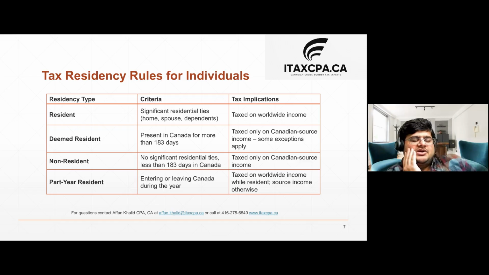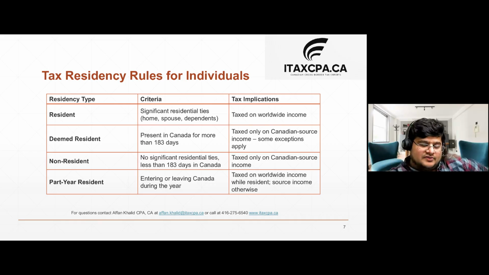Okay. So starting with the tax residency rules for individuals, you are considered a resident of Canada if you have significant residential ties. What's included in significant residential ties means you should have a home that is available to you or at your disposal throughout the year. Whether you're living there or not, that is another discussion, but having a home at your disposal is a big factor.